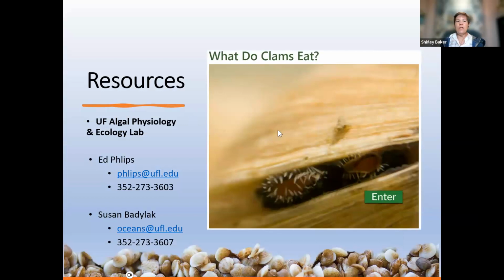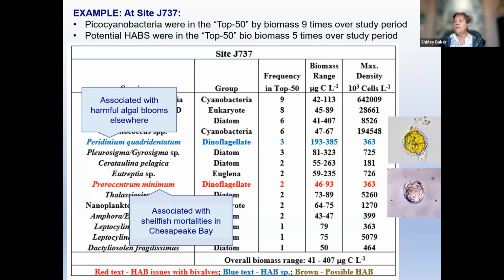There is a website, What Do Clams Eat?, that was a project from quite some time ago that has tons of information about all these different species and so on.